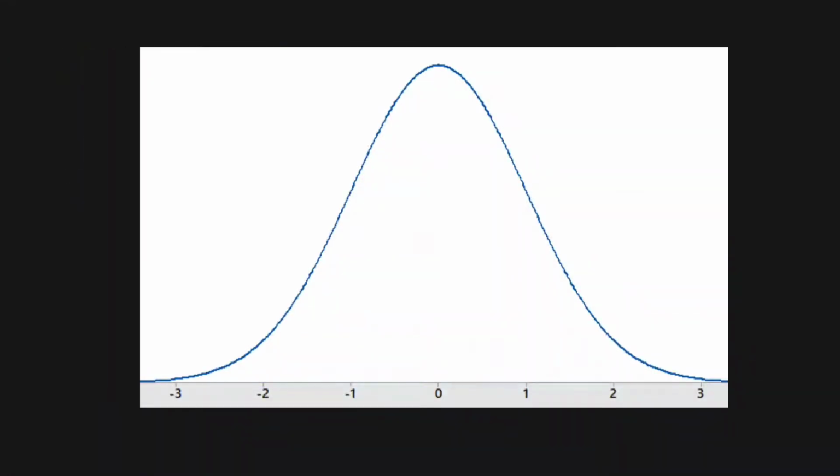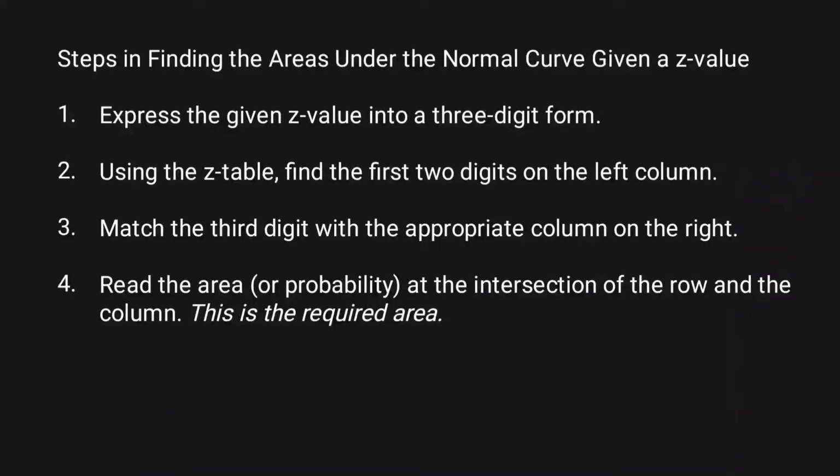Okay, so we will use the standard normal distribution, where the mean is 0 and the standard deviation is 1. Here are the steps in finding the areas under the normal curve given a z value.